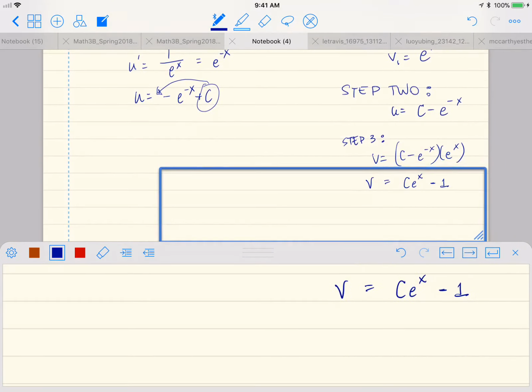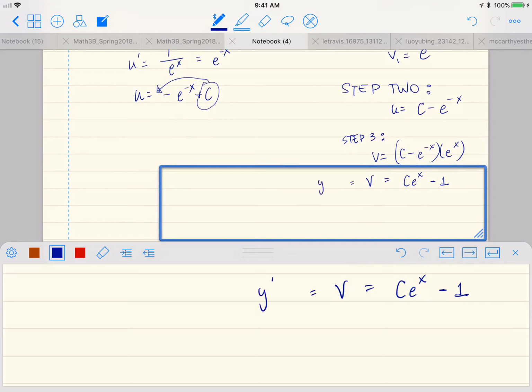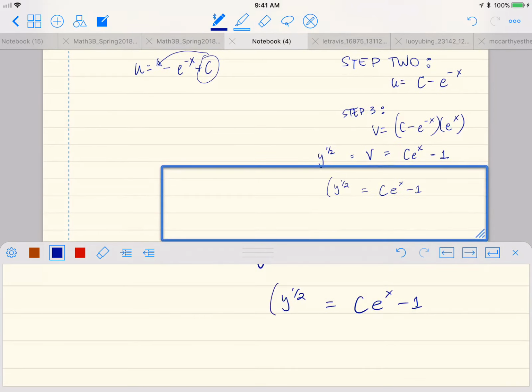So if v is equal to y to the 1/2, that means y to the 1/2 is equal to c e to the x minus 1, right? So we can square both sides to get y by itself, and y equals c e to the x minus 1 quantity squared.